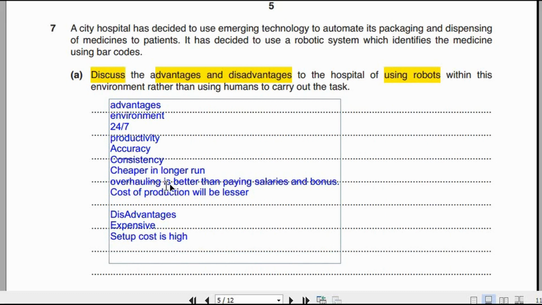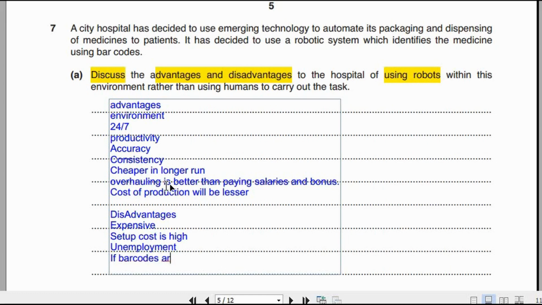Whenever you set up a technology, it is always expensive. It causes unemployment. Whenever a machine replaces 5 to 10 workers, this causes unemployment, or the person has to learn some new skills to get the job done.